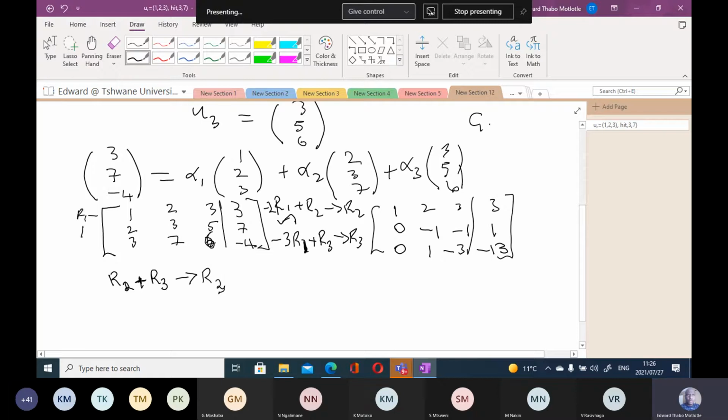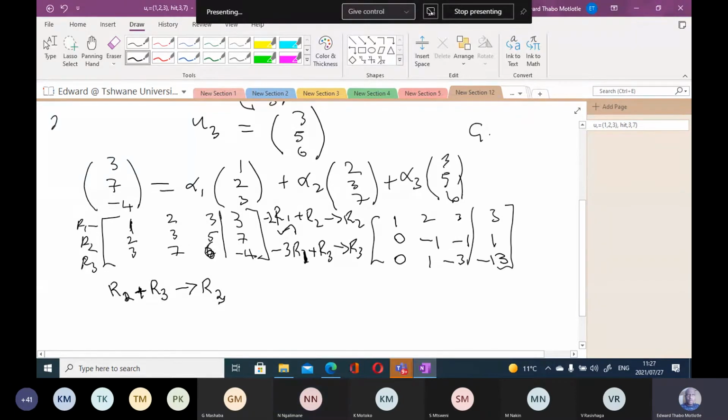This is R2. This is R3. On R2, you have 2 here. Your leading entry in the first one, R1, you can see is 1. So to make 2 into 0, what do you need? The additive inverse. 2 minus 2 is equal to 0. Do you agree with me? Yes, sir. That's what motivated me to do this.